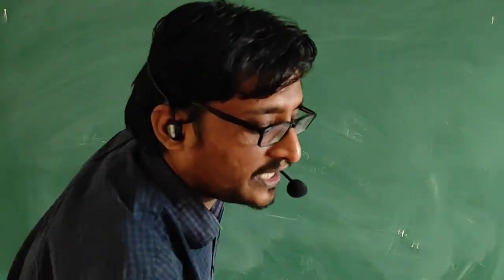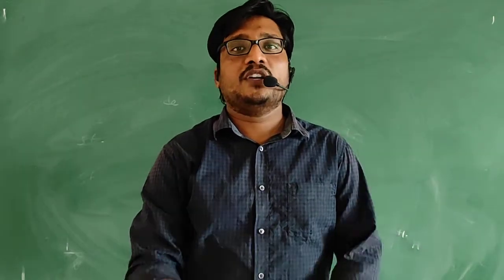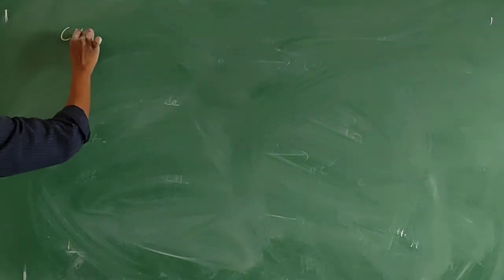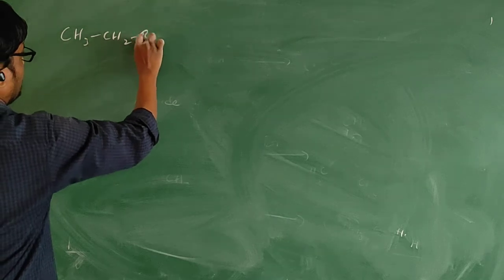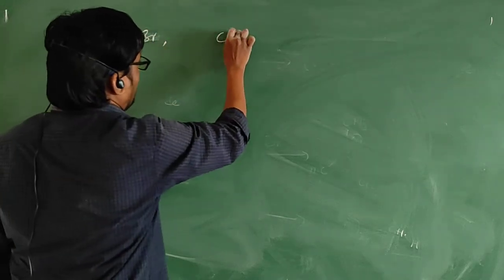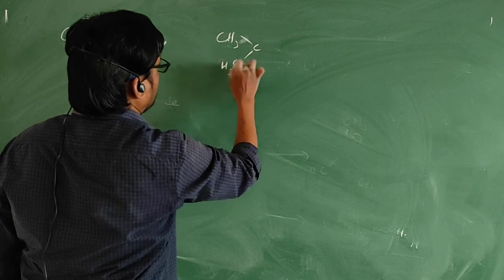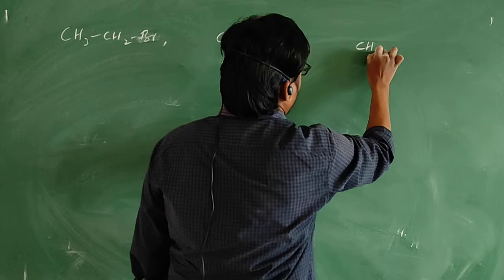In case of the SN1 reaction, the rate of reactivity depends on the stability of the carbocation. Let us consider a primary alkyl halide, a secondary alkyl halide, and a tertiary alkyl halide.